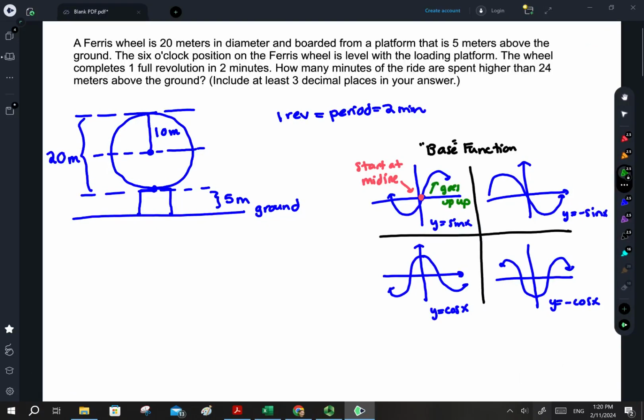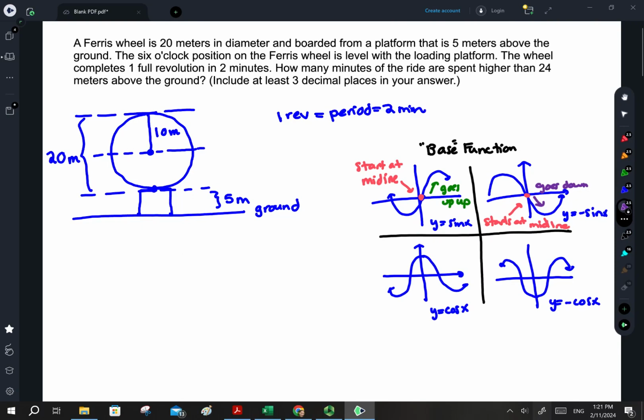So if I start looking at x equals 0 on the y-axis, I'm at the midline of my sinusoidal curve and it increases initially as x increases. So it goes up as we move to the right. Contrast that with y equals negative sine x, which still starts at the midline, but it goes down first. So it's decreasing as x increases initially.